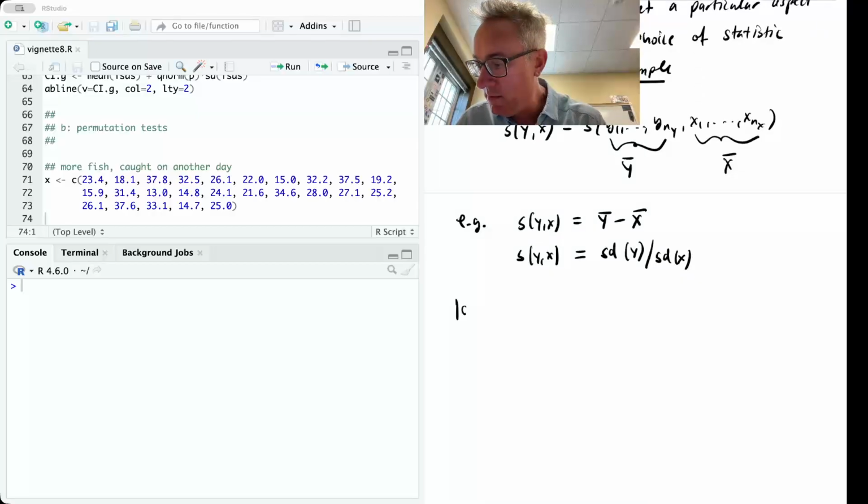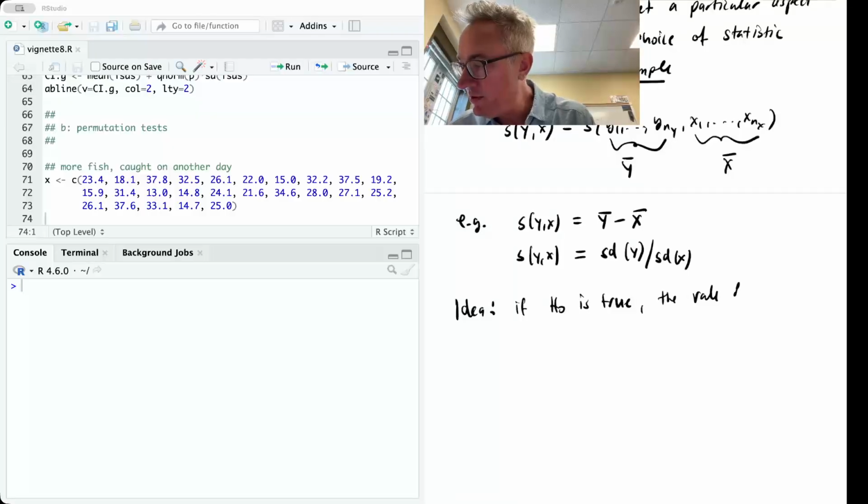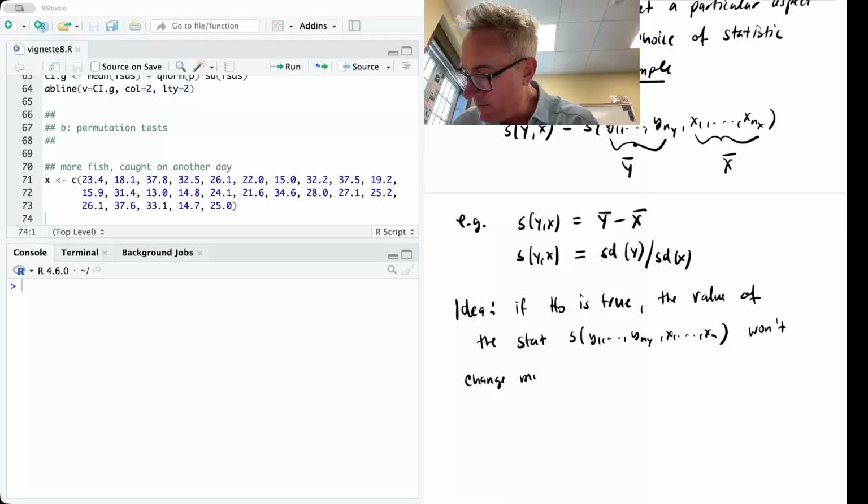So the idea of a permutation test is, if the null hypothesis is true, that is, if the two samples came from the same distribution, the value of the statistic on the combined sample won't change much if you permute the combined sample.